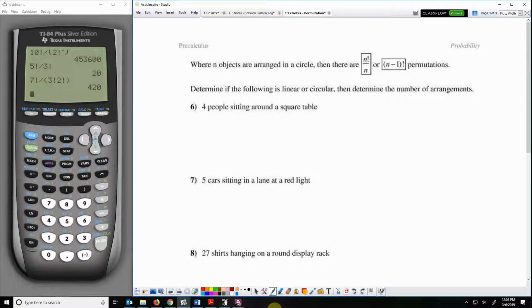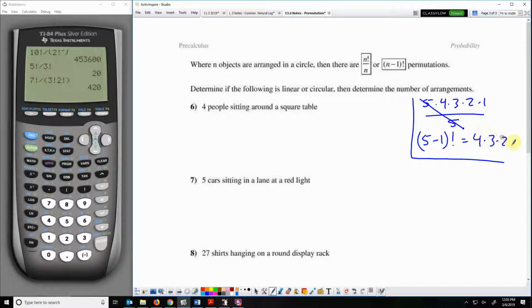So to do a circular permutation, there are 2 options. It's either n factorial divided by n, or n minus 1 factorial. It means the same thing. Say the number is 5. 5 factorial is 5 times 4 times 3 times 2 times 1 divided by n, which cancels that out. If I do n minus 1 factorial, that's 5 minus 1 factorial, 5 minus 1 is 4, so that's 4 times 3 times 2 times 1.